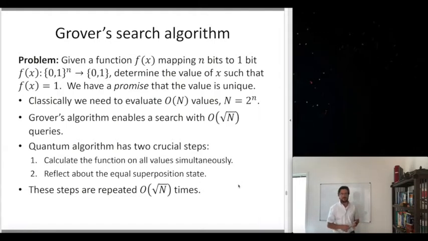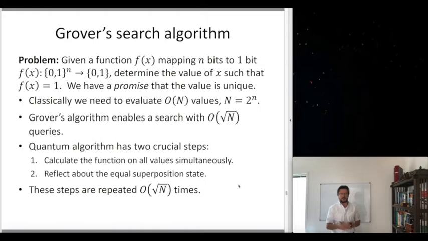So this is not something we can use for querying an unstructured database. However, since we want to find the one value where f of x equals 1, or the one entry, this is sometimes called database search. On top, we have a promise that the value is unique. There is a generalization of this algorithm that can evaluate a database.